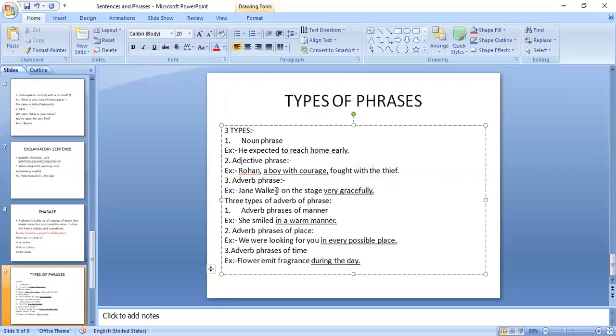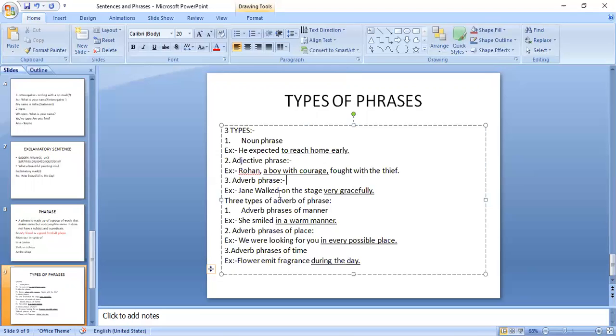How did Jan walk? Jan walked very gracefully. What is an adverb? An adverb tells more about a verb. Which is the verb here? Walked is the verb here. Very gracefully is telling more about the verb walked. Very gracefully is the adverb phrase.